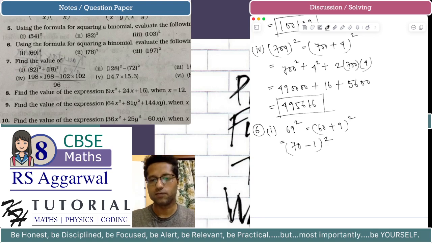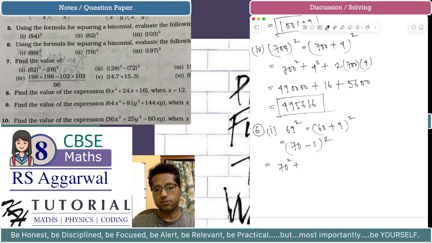So 69 square is 70 minus 1 whole square. We have now the formula of a minus b whole square, which is a square plus b square minus 2 into ab. 70 square is 4900. 1 square is 1, and we have minus 140.